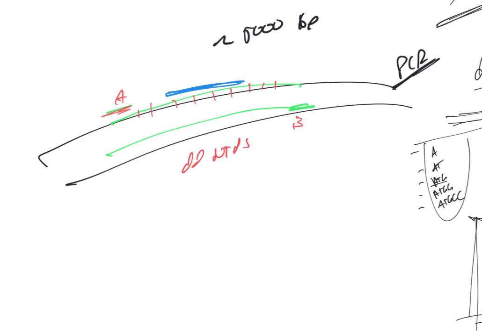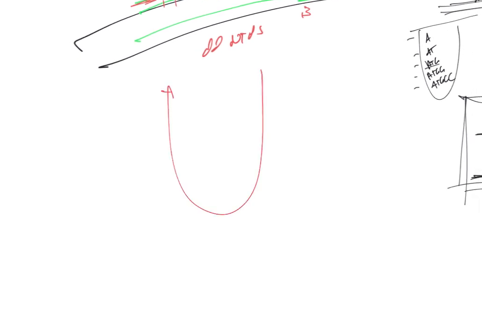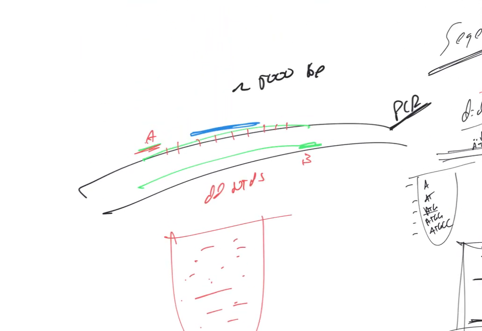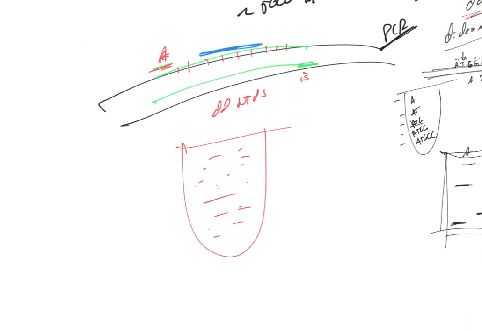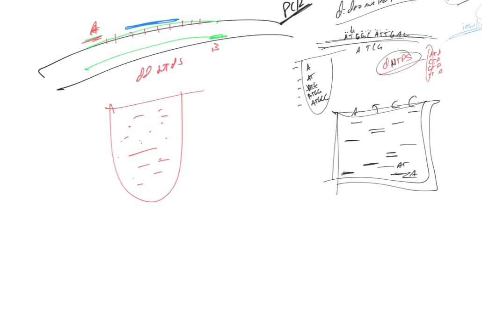So now, instead of having 30,000 copies of the same thing, I have all these different fragments of different sizes, everything from point A to point B. Now I take this and put it through a machine. In this machine there's a little light sensor, I think it's a laser, or something.